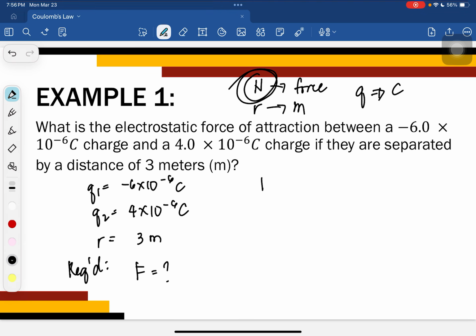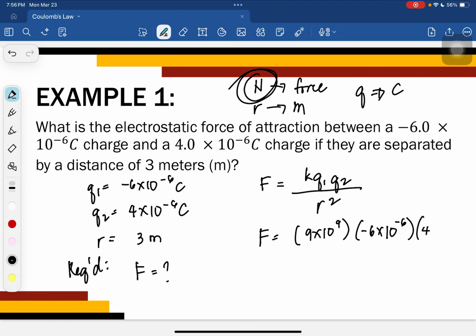It's a direct application of the formula, that's F equals K Q1 Q2 all over r squared. So this is K. As I've said earlier as well, I'll be using 9 times 10 to the 9, and then negative 6 times 10 to the negative 6, and 4 times 10 to the negative 6, all over 3 squared.